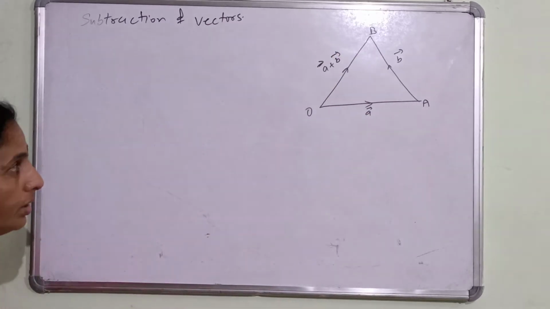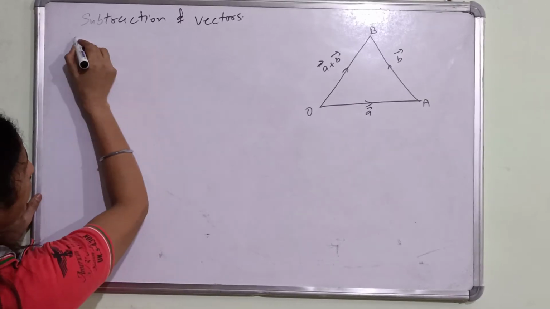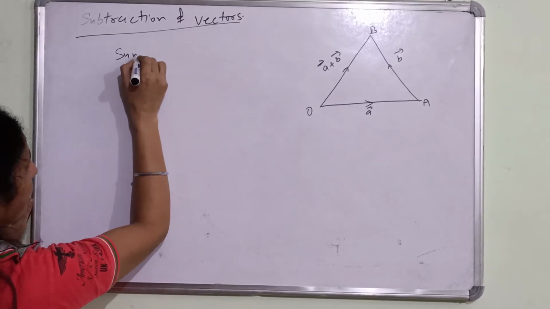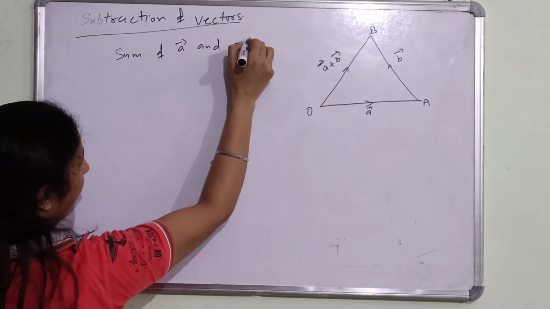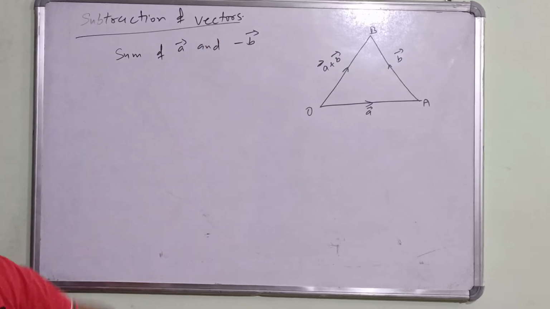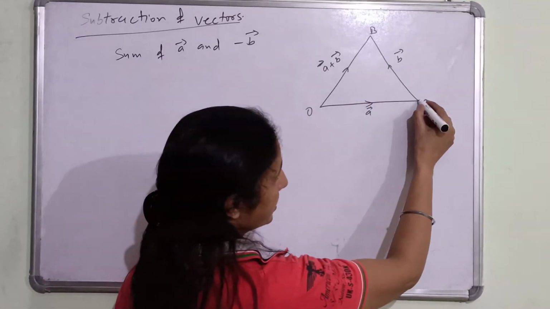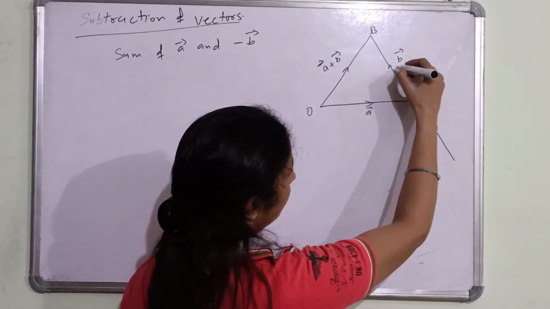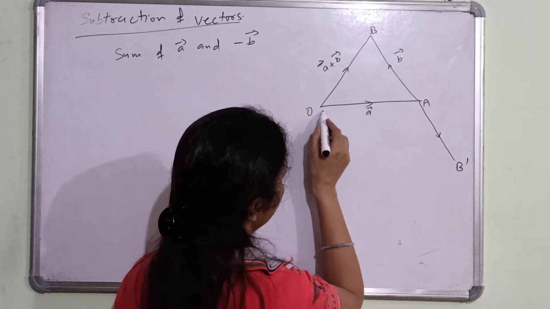Now we have to subtract. Subtraction of vectors means the sum of vector A and minus vector B. So now we need minus of vector B. We can extend it up to the same length, suppose B dash.